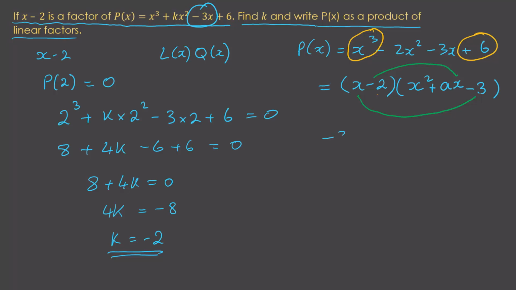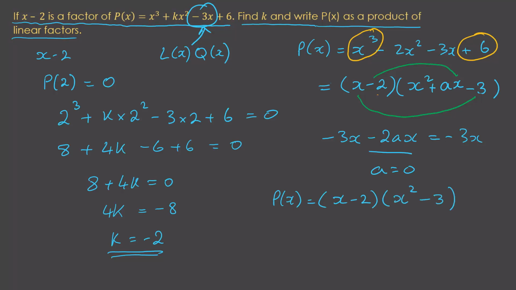So, negative 3x, take away 2ax, has to be equal to this term, negative 3x. And straight away I can see there that that tells me a is 0. So what I have is that p of x is equal to x minus 2, times x squared minus 3.